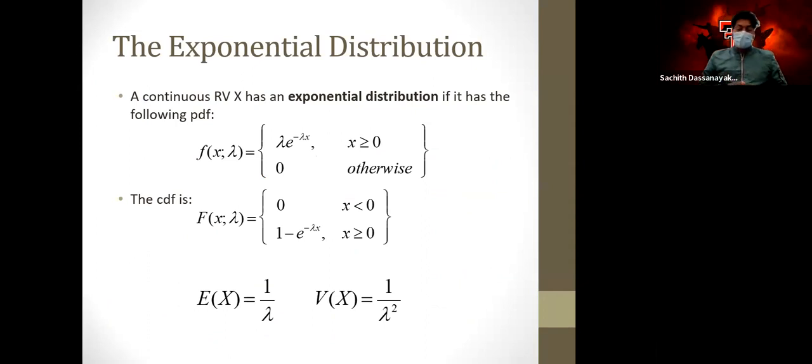Next, I'm going to discuss the next gamma family distribution, which is the exponential distribution. If you remember, we had three distributions: gamma, exponential, and chi-square. Let's talk about the second one. If a random variable x has an exponential distribution, then its PDF is like this.